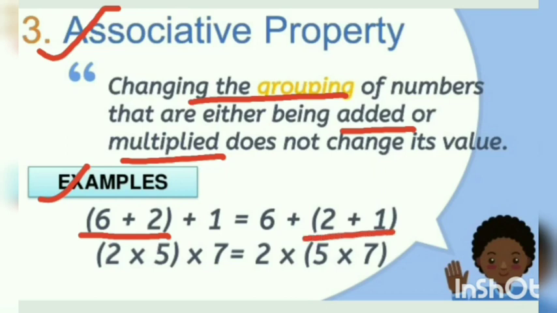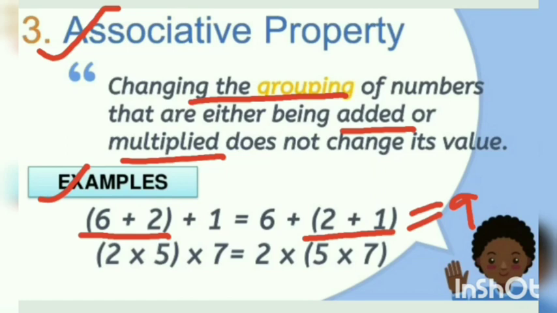So, 2 plus 1 is 3 and 3 plus 6 is 9. It means in both the conditions we are getting the same result. So we will say that addition is following the associative property.